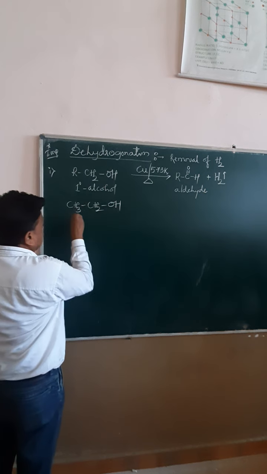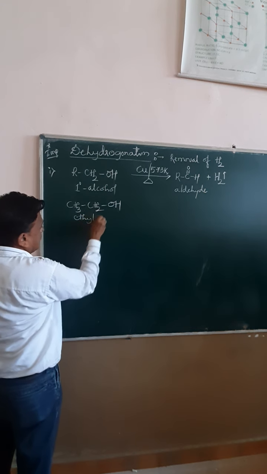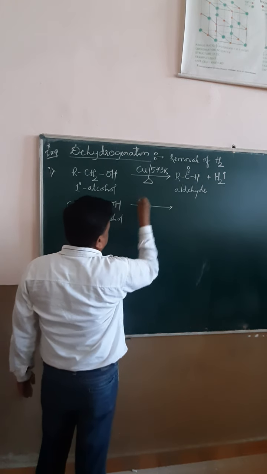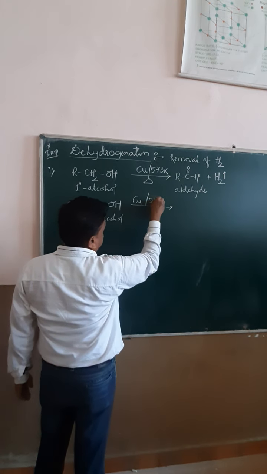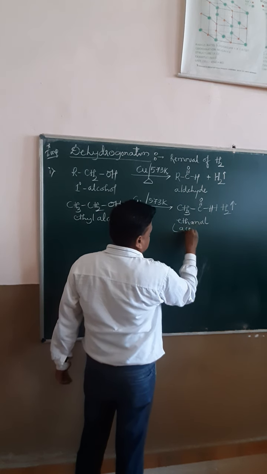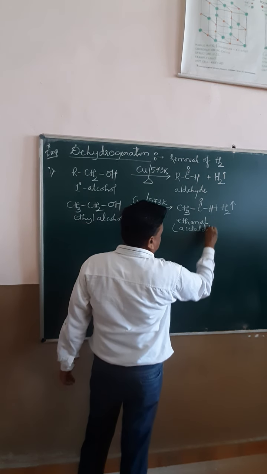We consider an example, CH3CH2OH, ethyl alcohol, strongly heated with the same copper at 573 Kelvin. The same removal of hydrogen occurs. What remains is CH3 and C double bond OH, the two-carbon compound we call ethanal or acetaldehyde.